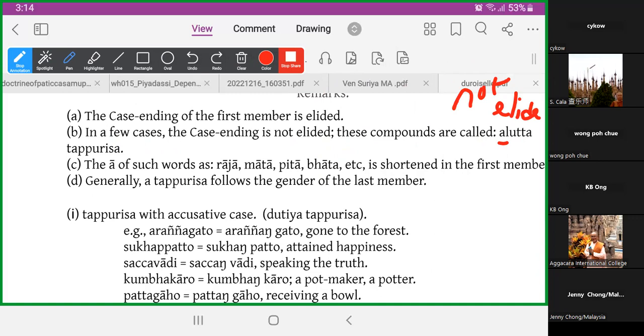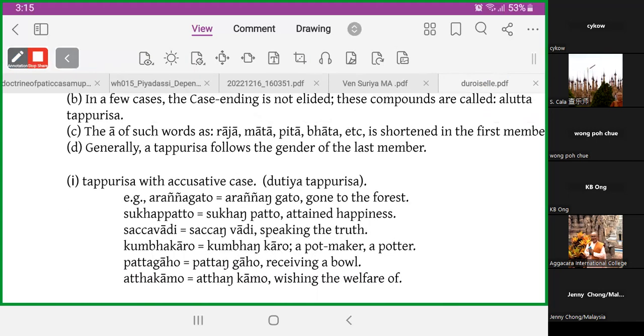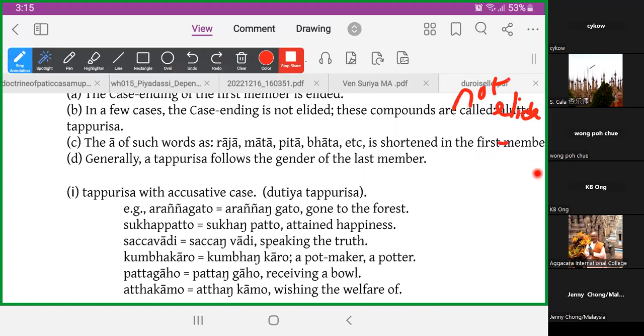Now number C. The long A of such words as Raja, Mata, Pita, Bhata is shortened in the first member, right? First member means the first word here. Let's say if we are going to make one example with Raja.